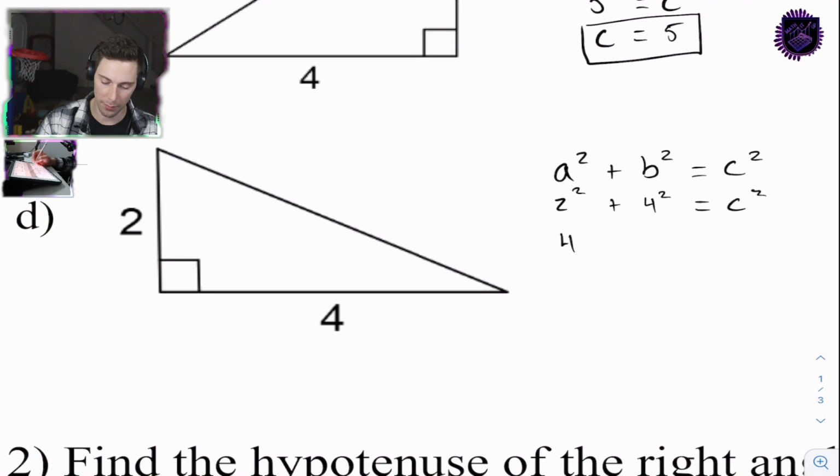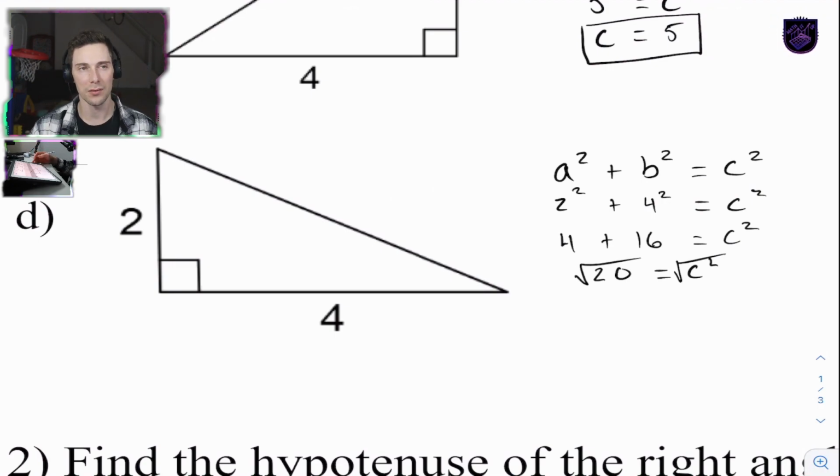So 4 plus 16 is equal to c squared. So this is 20 will be equal to the square of c. We want to find the square root of 20, and that's going to be c. The square root of 20, I think, is 4.4 if you round it to the nearest tenth.